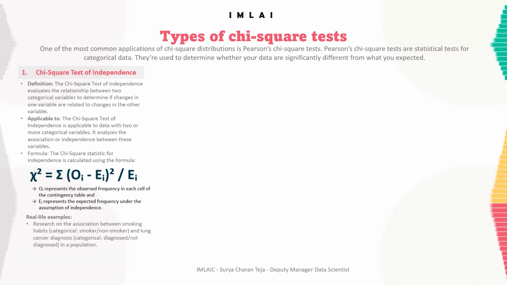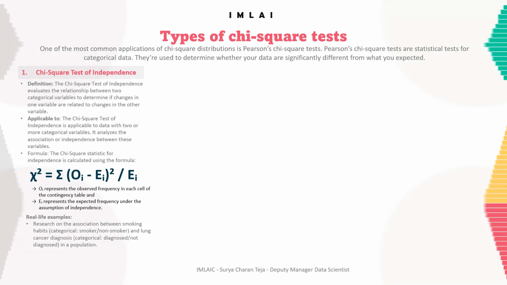And analyzing survey data to determine if there is a relationship between gender, again categorical, male or female, and we have non-binary genders also, and preference for a specific product. It's also whether you want the product or not, yes or no, a binary or dichotomous variable.